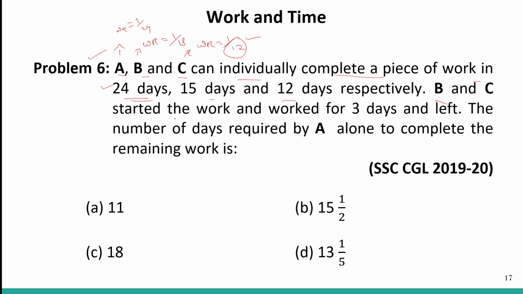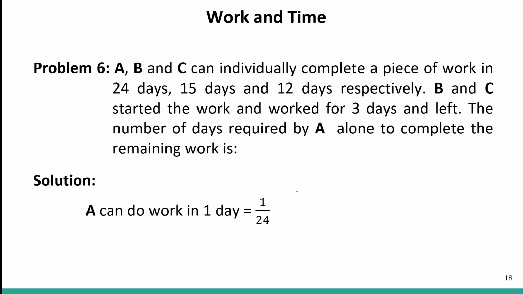So B and C started the work, worked for 3 days and left. So the number of days required by A alone to complete the remaining work is what? The options are 11, 18, 15 whole and 1 by 2, and 13 whole and 1 by 5. Okay, let's see which among these 4 is the probable answer. This question has been asked in the SSC CGL 2019-20 paper. So let's go forward and see the step-by-step solution.